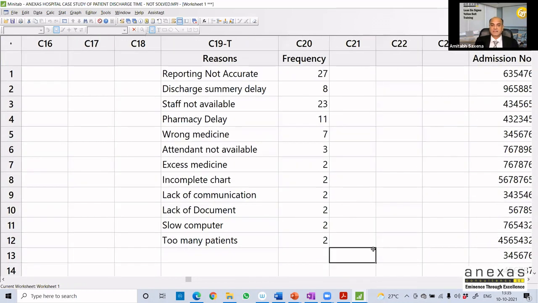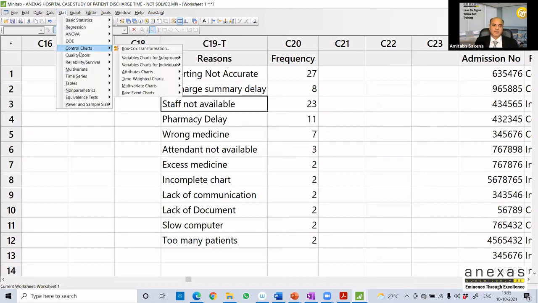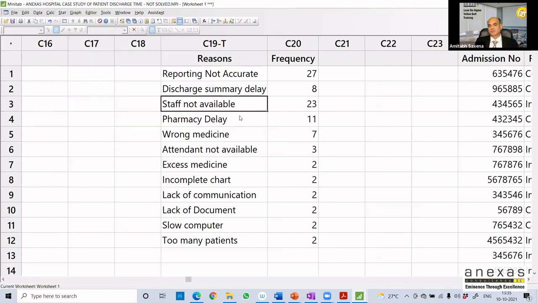And after that, we look at the Pareto. So 80% of the delays is happening due to 3-4 causes. Which are those? Let us make a Pareto chart.